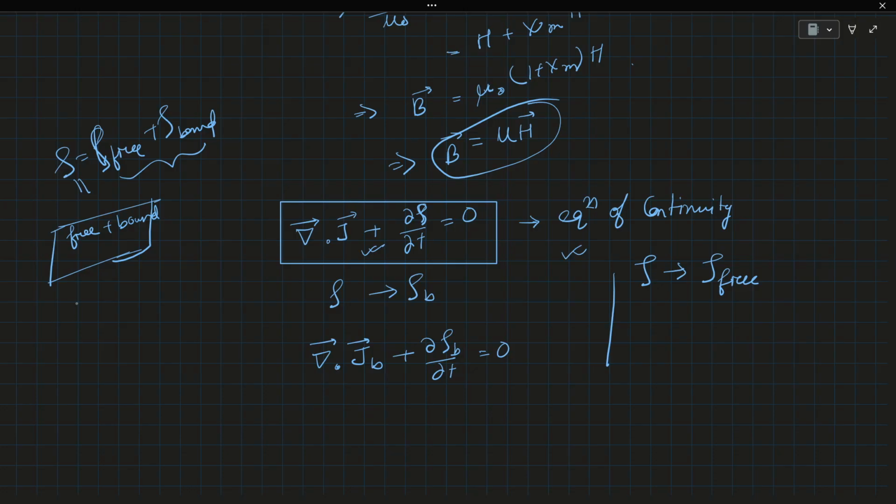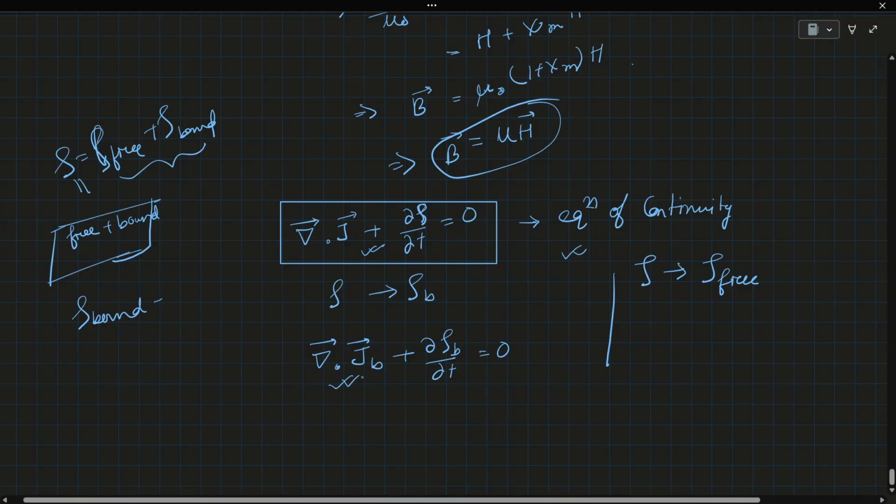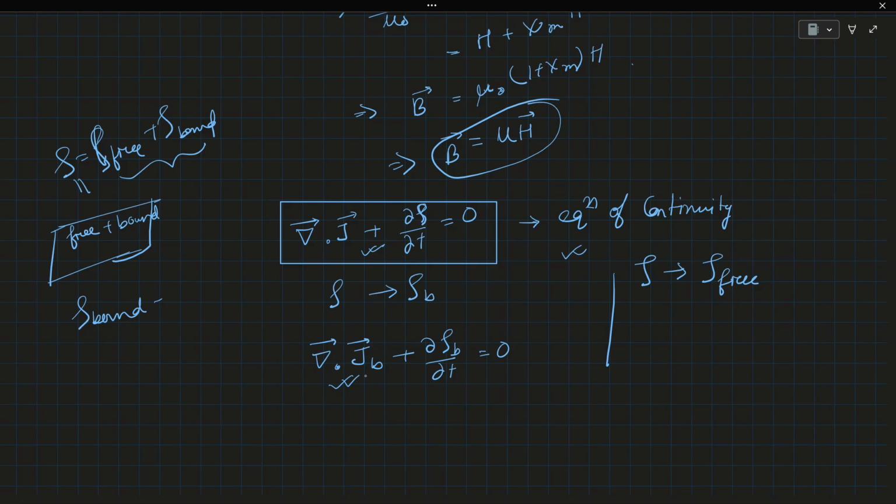If we only talk about bound charge, then the equation will look like this, and the current density will be only because of bound charge. And if we only talk about free charge, then we will only have to take the free current density, right, plus the corresponding term. So the equation will look like this, right?